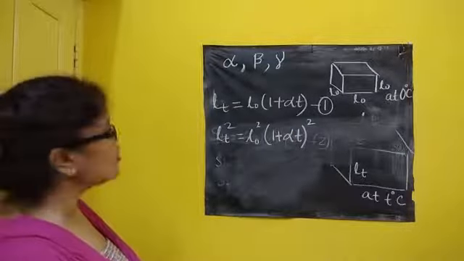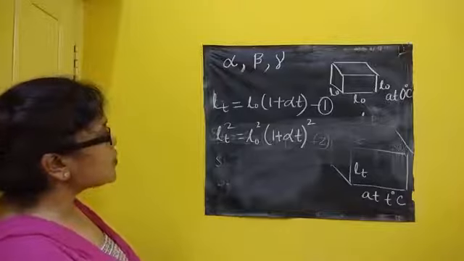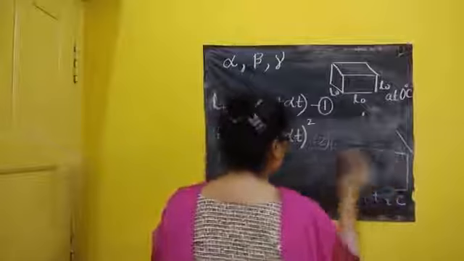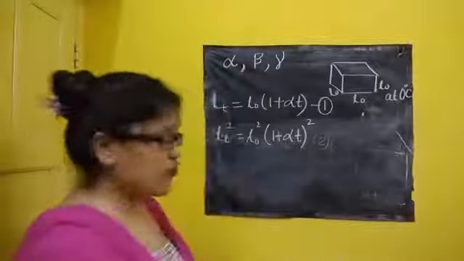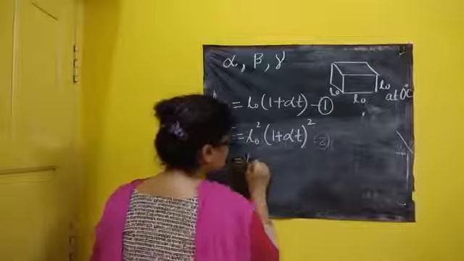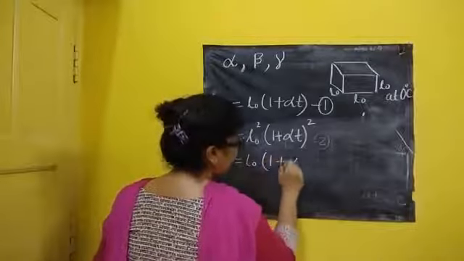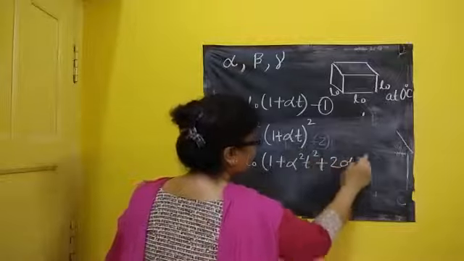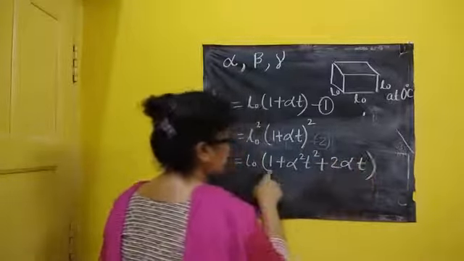No confusion. Now we know the (a plus b) whole square formula. So using it on (1 plus alpha t) square, I will get L0 square (1 plus alpha square t square plus 2 alpha t).